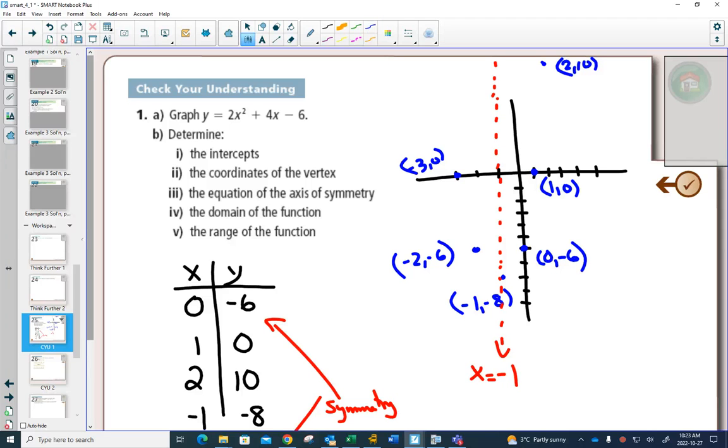That's 3 units away from my axis of symmetry. If I went 3 units in the other direction, I would get to -4. And so knowing that a parabola has some characteristics, symmetry, axis of symmetry, it's U-shaped. If you do a table of values, and once you find the symmetry, you're going to be able to draw the graph.